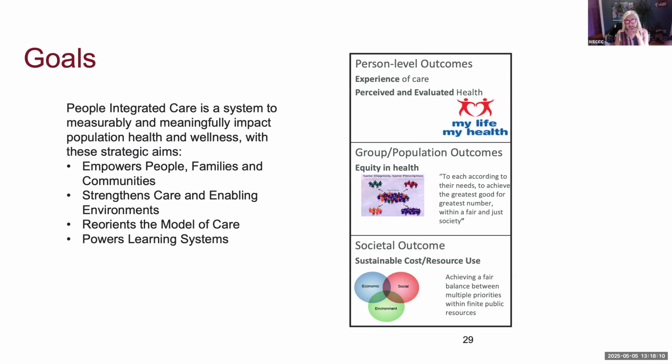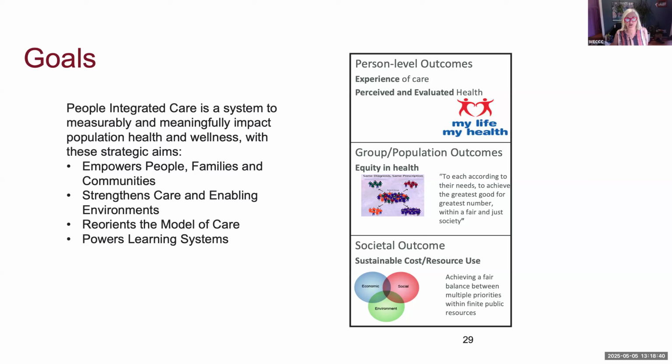Well, we looked at the models and the theory driving this approach, and we looked at those strategies that are inherent in the public health model, and we did some work looking at a few other models of interest to us, like accountable communities for health, etc. And we think there are several really important strategic aims.